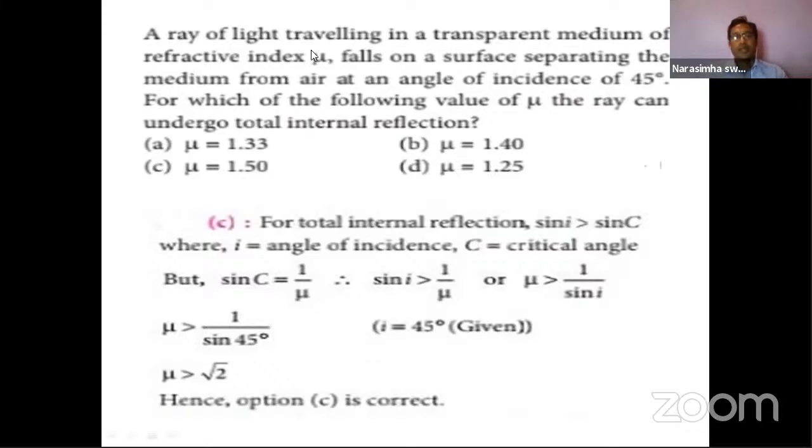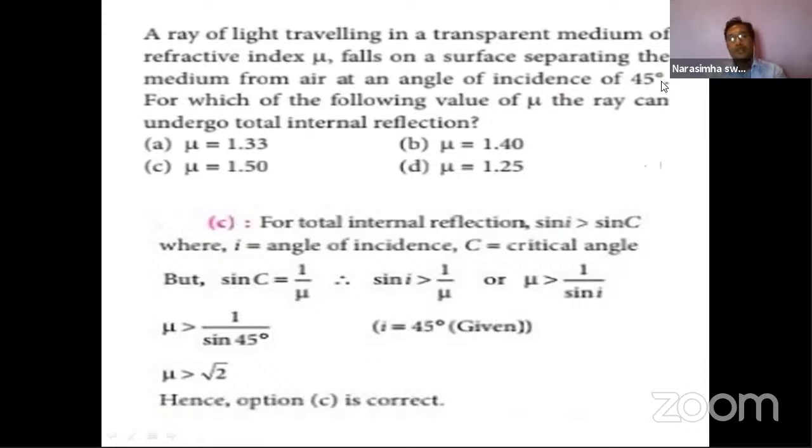A ray of light traveling in a transparent medium of refractive index mu. So the transparent medium refractive index is mu. It falls on the surface separating the medium from air at an angle of incidence of 45 degrees.